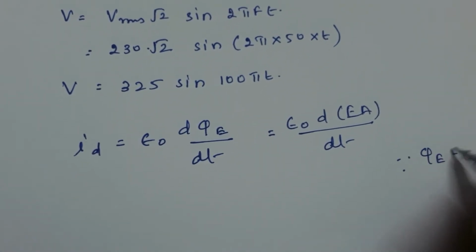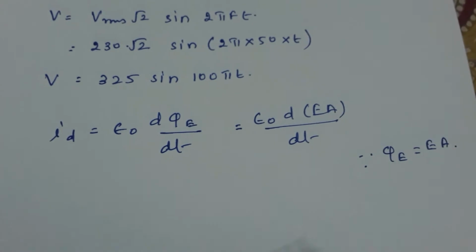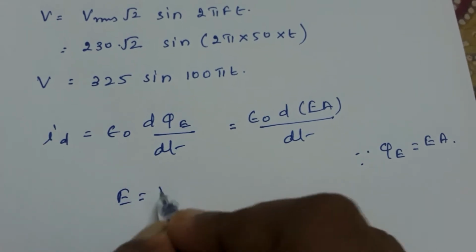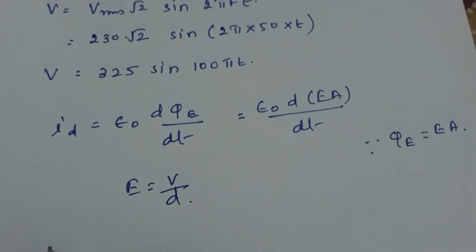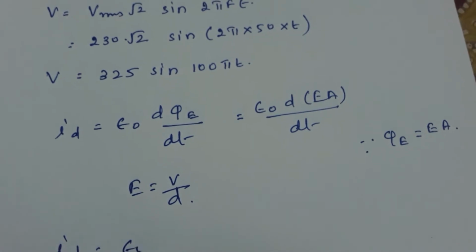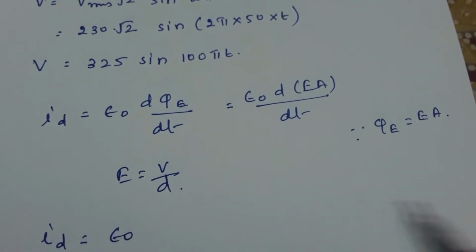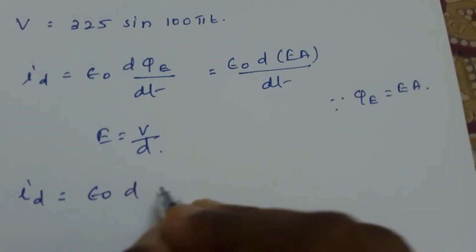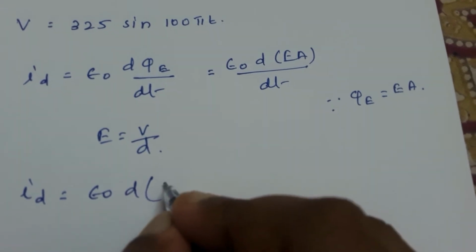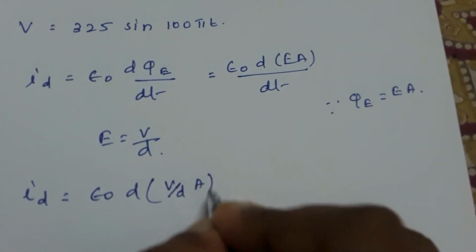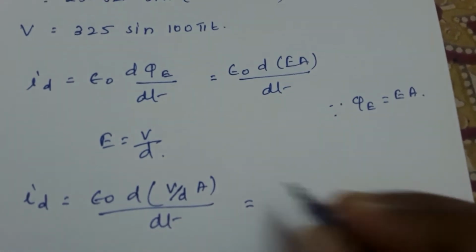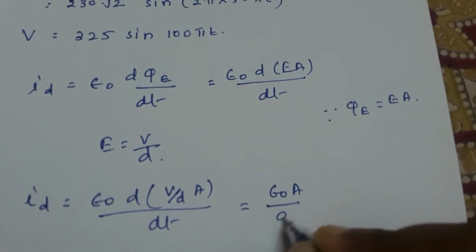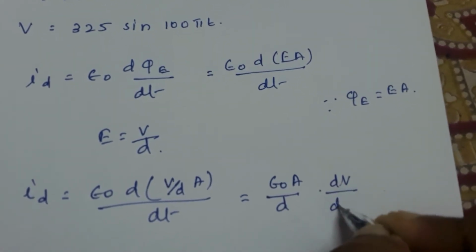Because flux phi E is equal to E into A. I am going to substitute E is equal to V by D. So this can be written as ID is equal to epsilon 0 d of V by D into A by dt. So this can be written as epsilon 0 A by D into dV by dt.